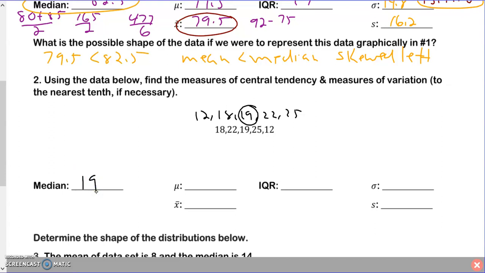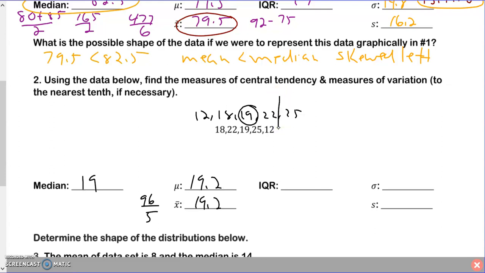Now, I need to get the mean, and the mean is when you add up all the numbers. So if I add up 12, 18, 19, 22, and 25, I get 96, and I divide by 5, and I get 19.2, which is the same for the sample population. To get the IQR, we need to find quartile 3 and quartile 1. Quartile 1 is found between 12 and 18: 12 plus 18 is 30, divided by 2, or 15.